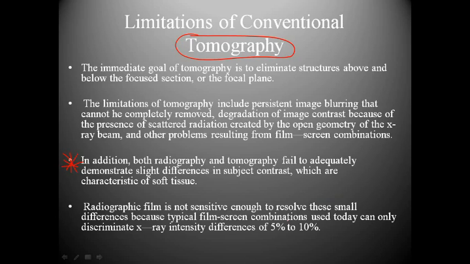Basically, we cannot distinguish lower than around 5% density differences. And so we all know that it works really well for analyzing bones and things like that. But when you get into the small minor differences, we still can't distinguish them. And so that is the reason why tomography still did not catch on.